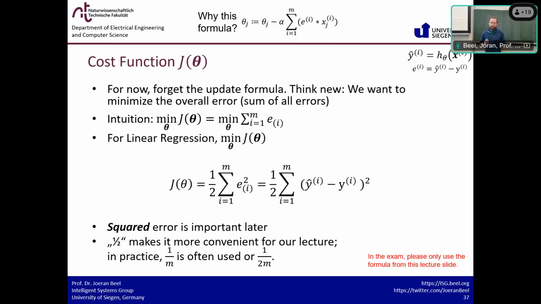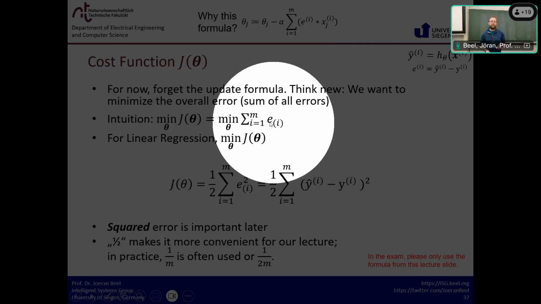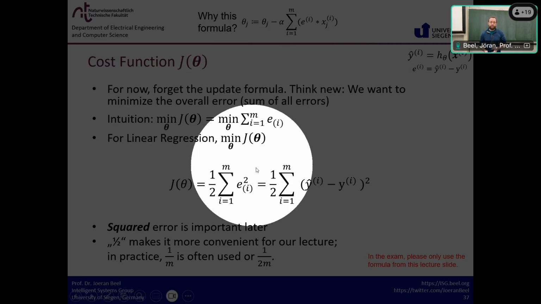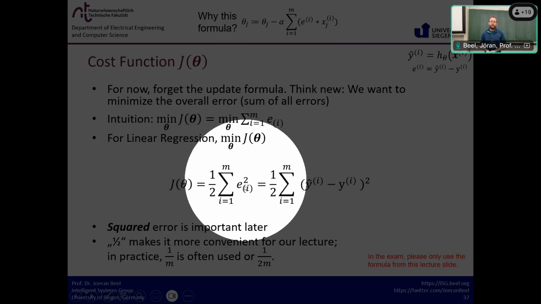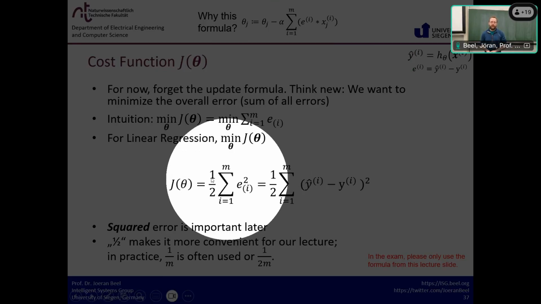Now, for linear regression, we have a special cost function. That's what the student mentioned before. We take the squared error. We will see later why that is very important. So intuitively, what we want to optimize is just the sum of all the errors. But for linear regression and for gradient descent, we will optimize the sum of the squared errors. And we actually take half of it.